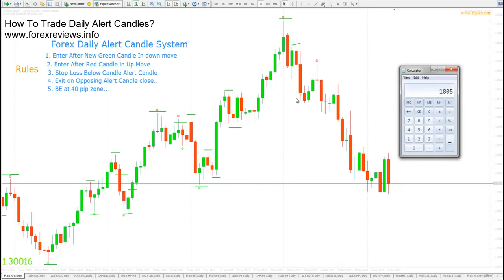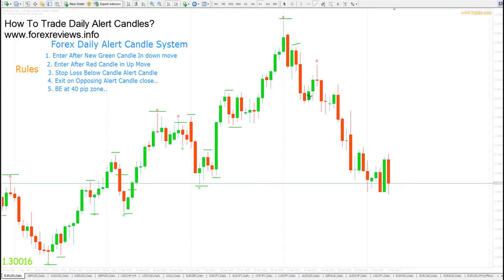Now that's a good entry because it's bigger than the previous candle there. So you put your stop below, enter on this candle, and you ride it up to the next alert candle, which is here. Okay, hold on. Which is 40 pips.